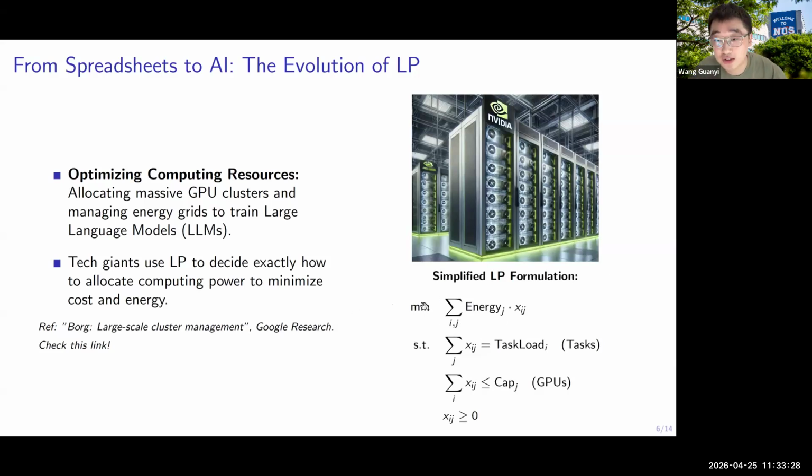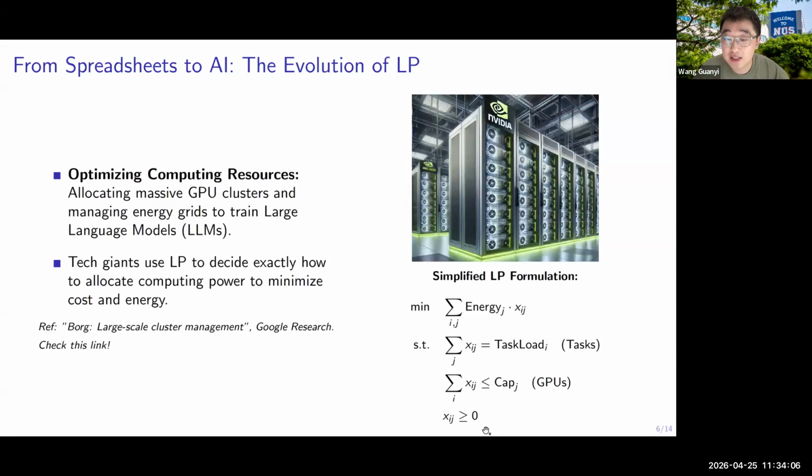You can see from the right-hand side, what we want is we set little x_ij to be the following. If you have different types of tasks, they are all indexed by the subscript little i, and you also have a set of GPUs, and each GPU is indexed by little j.